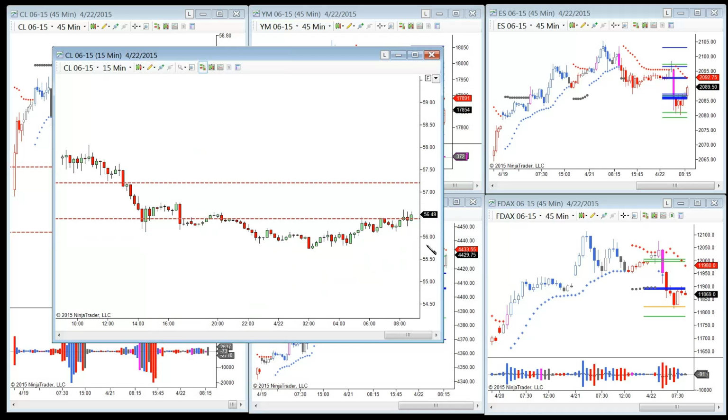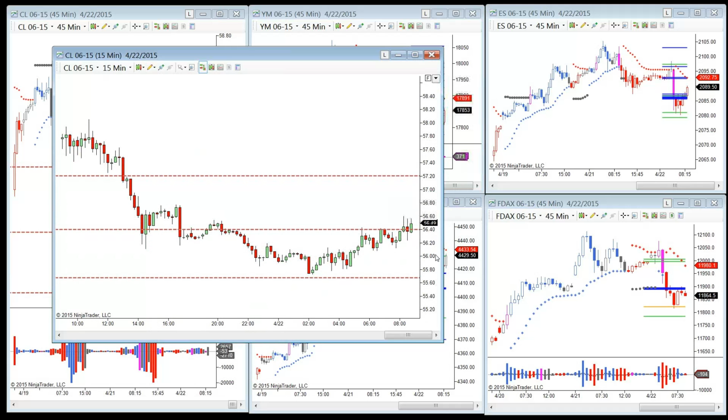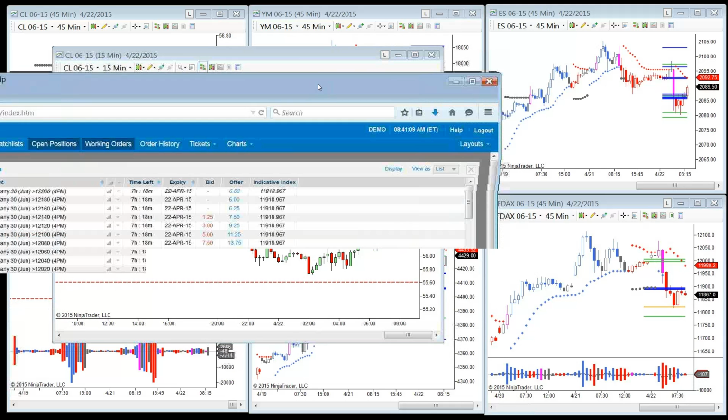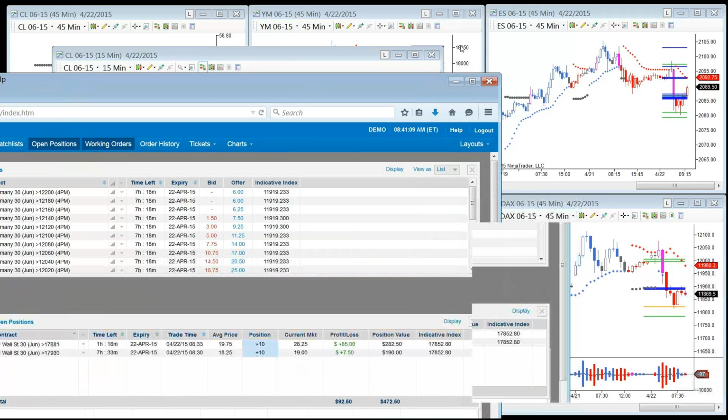That would be $1. It's probably right around there. So it could move up here or it could move down here. Everybody with me so far?